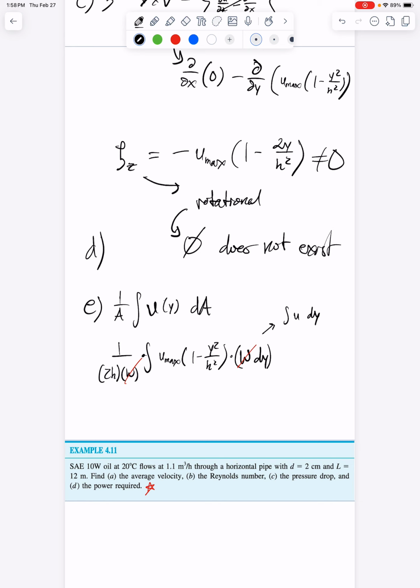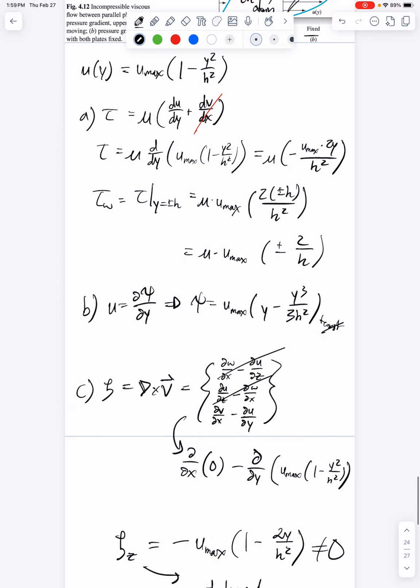This should look familiar because essentially what you're doing is this. So I guess fun enough, when in this format, solving for average velocity actually ends up being similar to solving for the streamline. And we have solved for the streamline before. We have the solution for that up here.